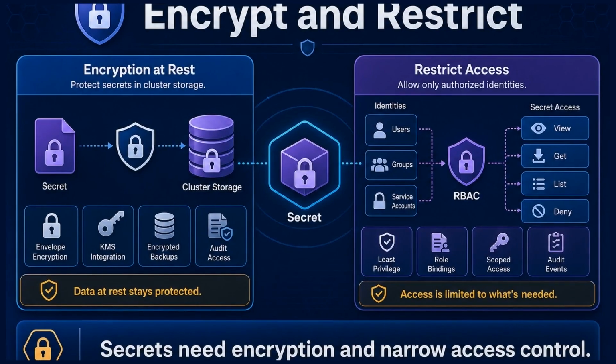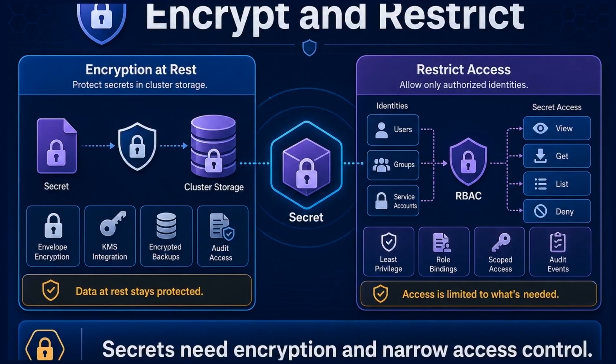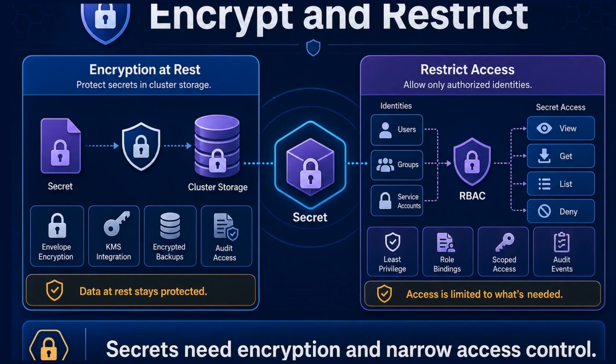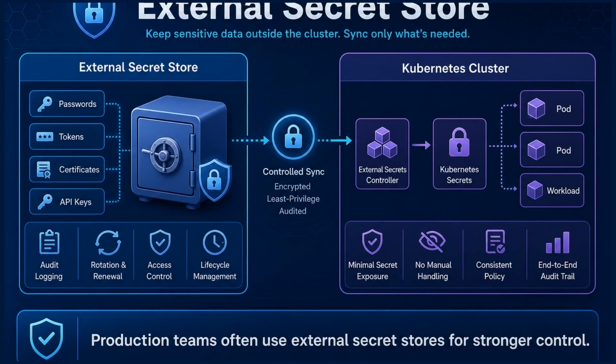That is why teams care about 3 extra controls. First, encryption at rest. If the cluster data store is compromised, encrypted secrets are safer than plain stored values. Second, RBAC. Only tightly approved identities should be allowed to read or manage secrets. Third, external secret store controls.